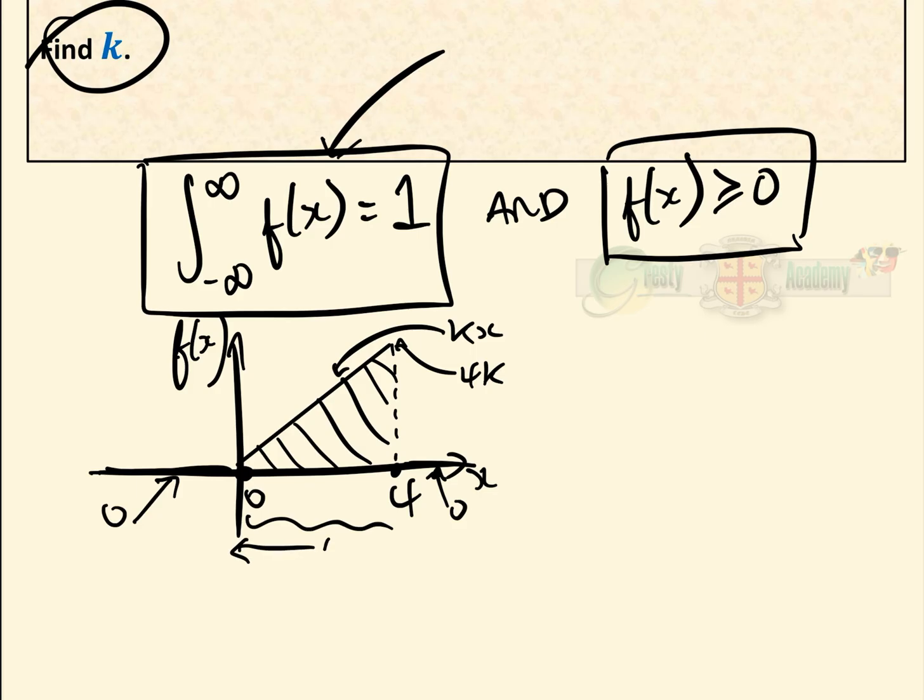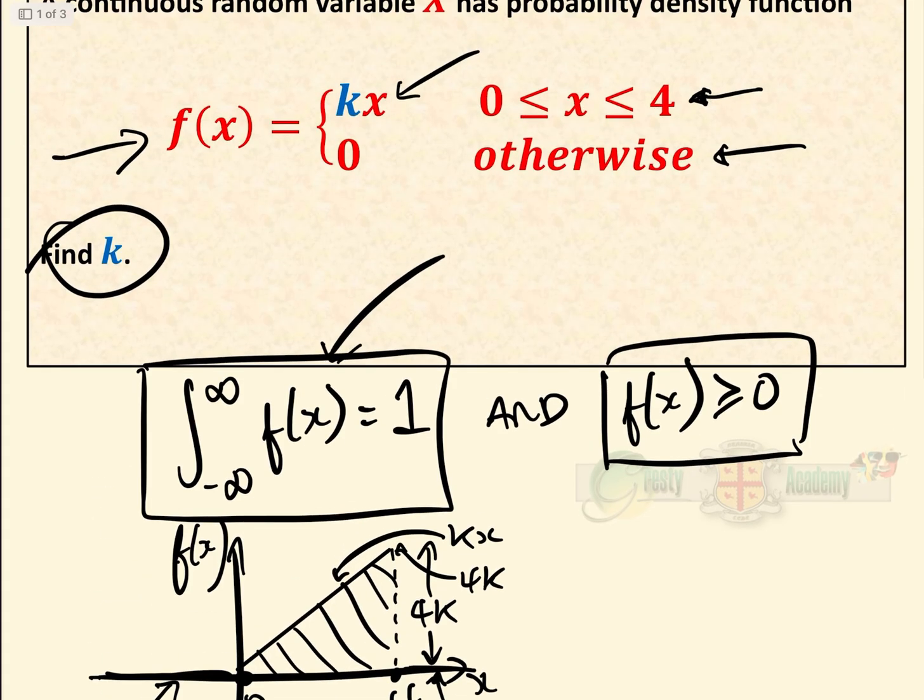Now, we know the base is equal to 4, and we know the height is 4k, because when x equals 4, f of x equals 4k.